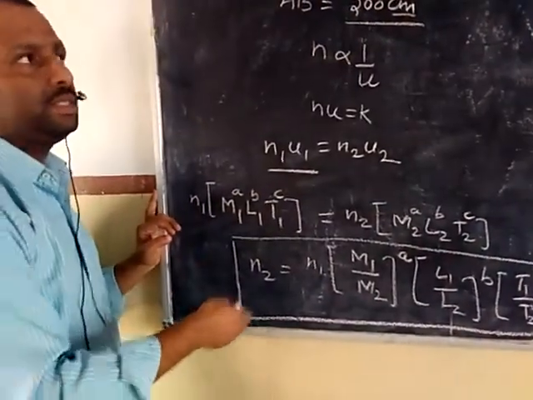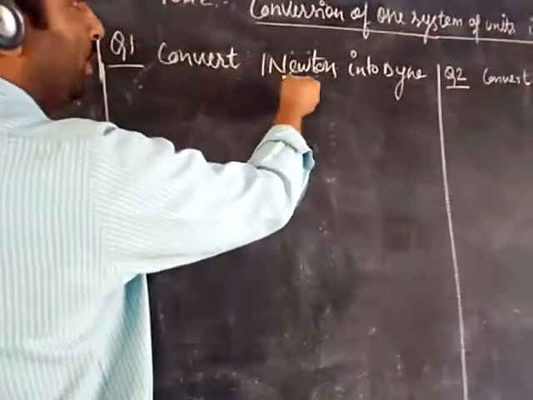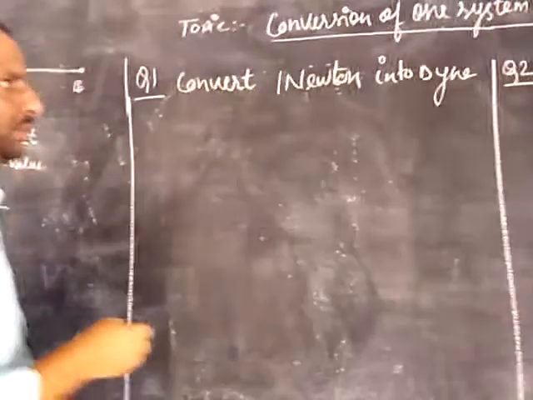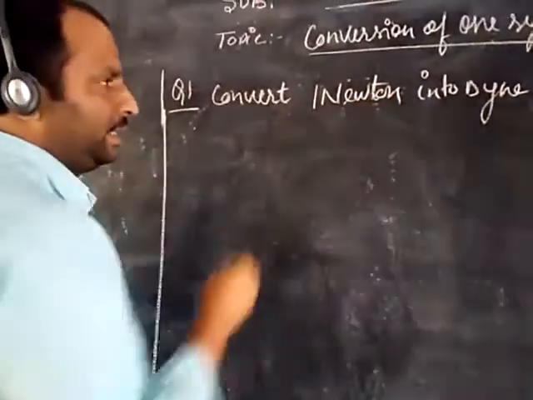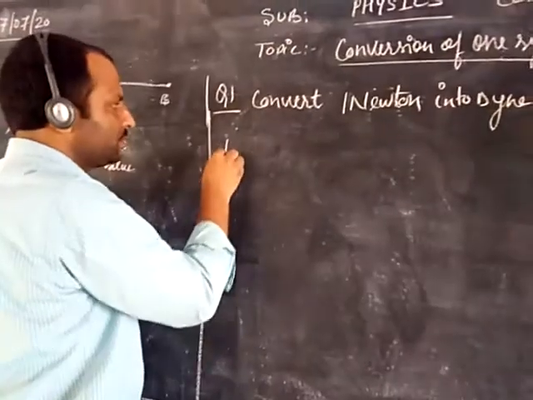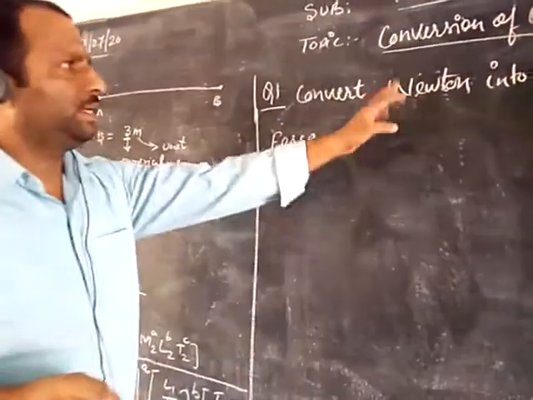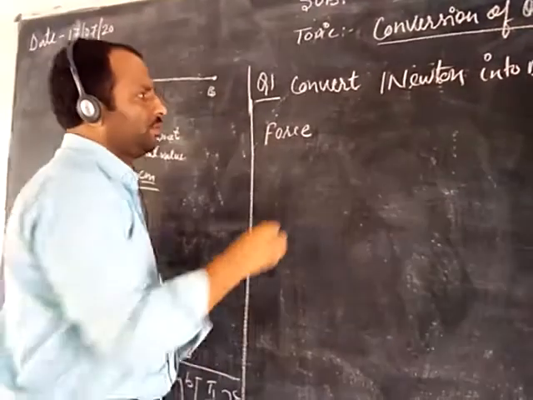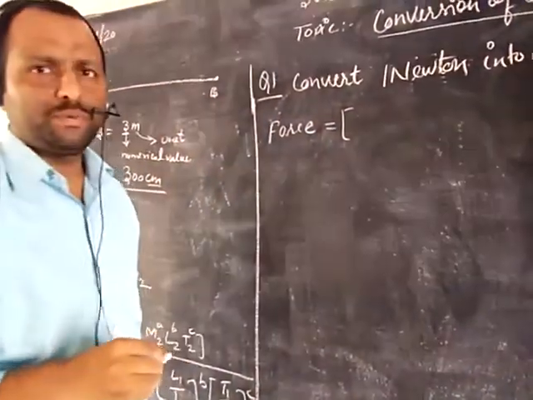Okay, let us see through an example. The question is: convert 1 Newton into Dyne. Before that you should know that Newton and Dyne are the units of force. And what are the dimensions of force?